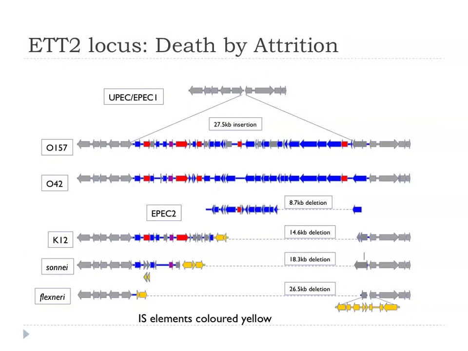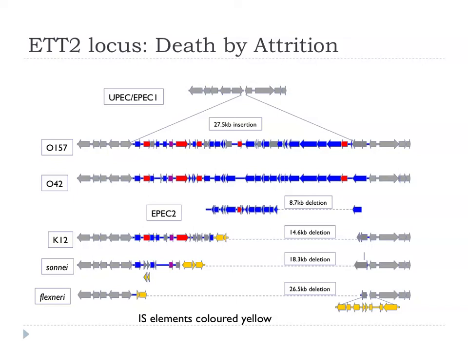In fact, we have a Russian doll effect here. If we look at a range of different E. coli lineages, we see progressively larger deletions in this region. In O157 and O42, we have the whole gene set there. In EPEC2, we've got an 8 kb deletion. In K12, 14.6. In Shigella sonnei, we have a larger region deleted, three quarters or more.